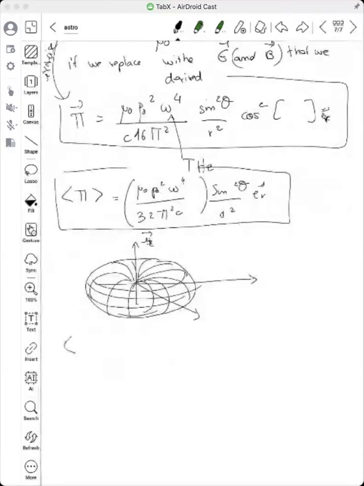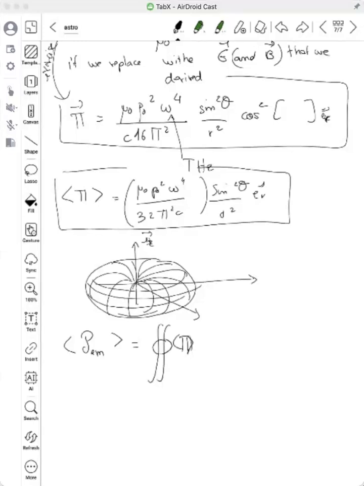So if I want to calculate the mean power of the electromagnetic field through a given surface, I have to integrate the mean value of the Poynting vector through this surface, okay?